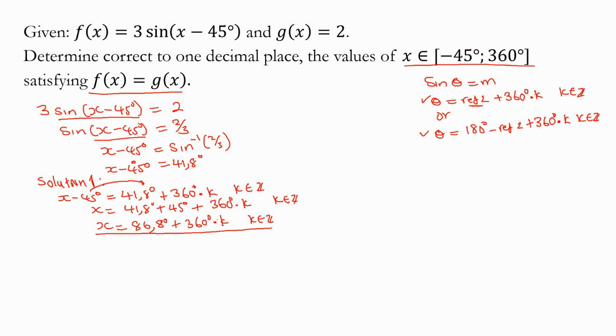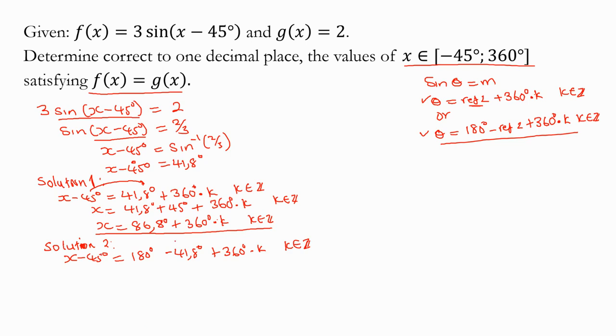Let's have the general solution for solution 2. x − 45° = 180° − 41.8° + 360° × k, where k is an integer.